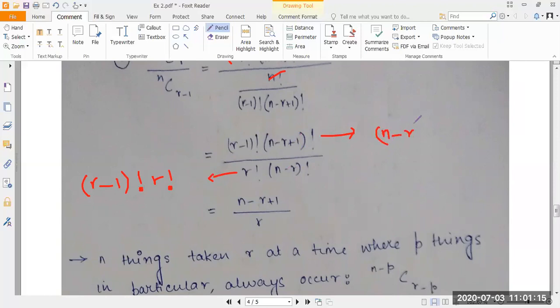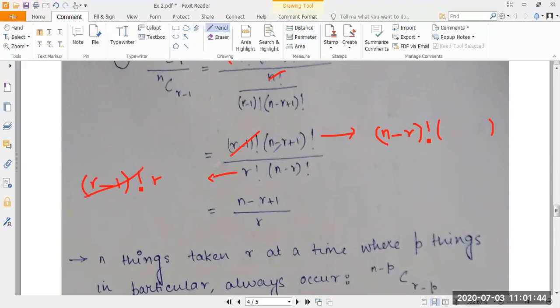So if I replace r factorial by (r-1) factorial into r, this term and this term will get cancelled.